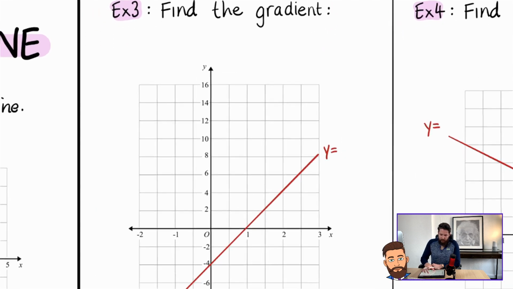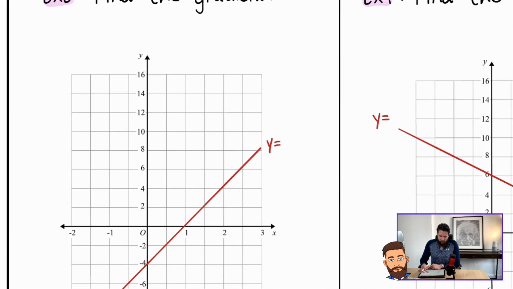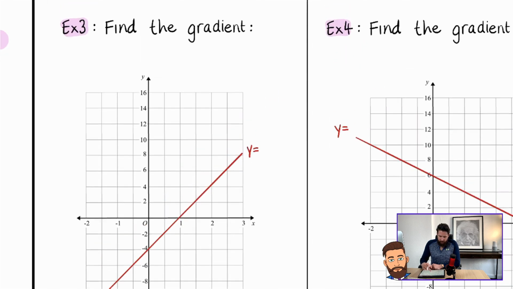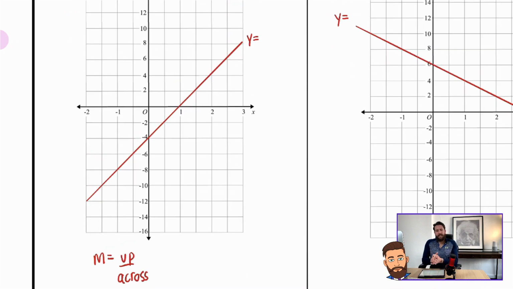So example 3, we would like to find the gradient of this red line on this graph here. So what do we know? We know that the gradient m equals up divided by across. First thing you should decide, is this a positive or a negative gradient? Well, it's going up.